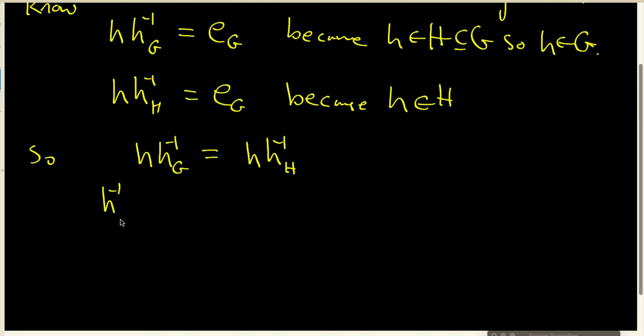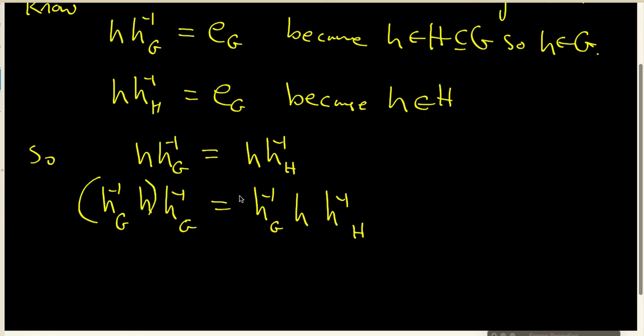I'm going to look at h inverse sub G times h times h inverse sub G, and that's going to be h inverse sub G times h times h inverse sub H. And again, we're in a group, so I can put these parentheses around things, and this is known to be e_G.